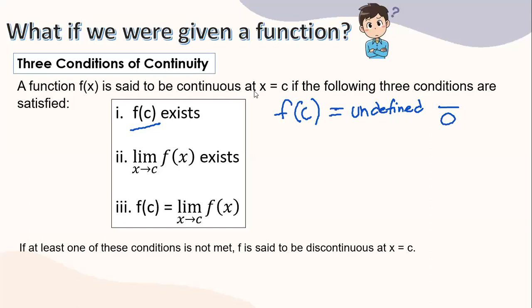For our second condition, the limit of f of x as x approaches c must also exist. So we are evaluating the limit. Pag nag-evaluate tayo ng limit, we also substitute the given value c dun sa ating function.